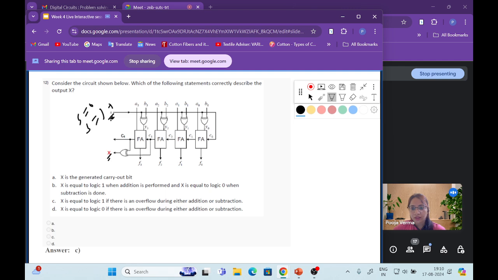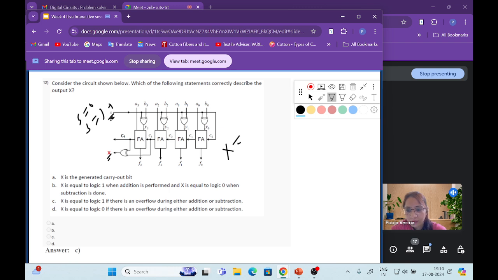So a3 b3 will be added and we will get the sum. And if it is 1, then it will act as a subtractor. Okay, so let's check for x. What is the expression for x?